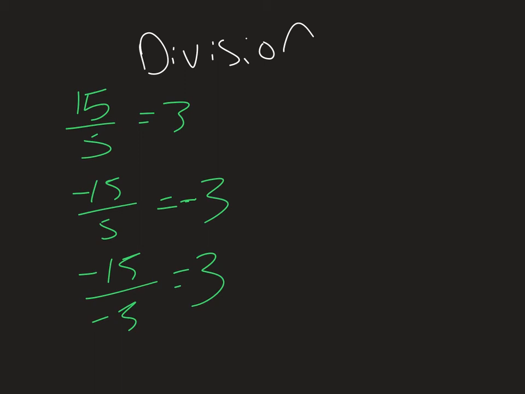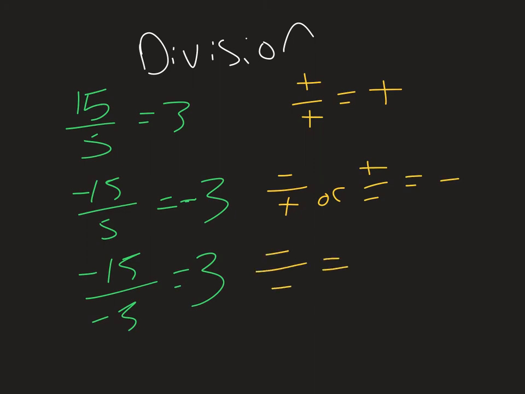So in general, with division, a positive divided by a positive makes positive. A negative divided by a positive, or a positive divided by a negative, makes negative. And a negative divided by a negative makes positive.